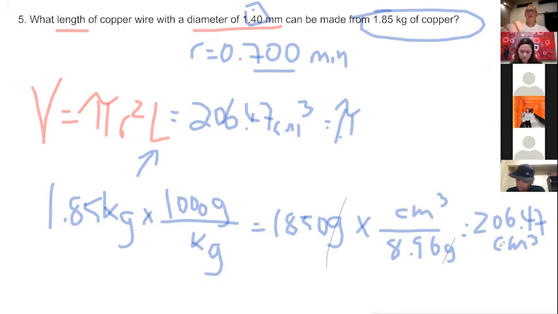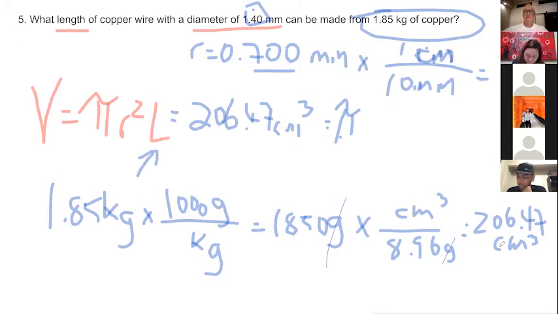It won't make any sense. So we need to convert that to centimeters. So I put centimeters on the top and I put millimeters on the bottom. So how many millimeters in a centimeter? We just did that one. 10, that's right.